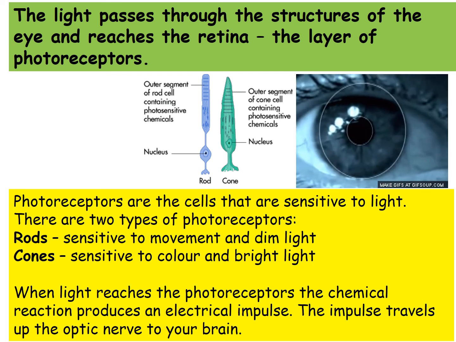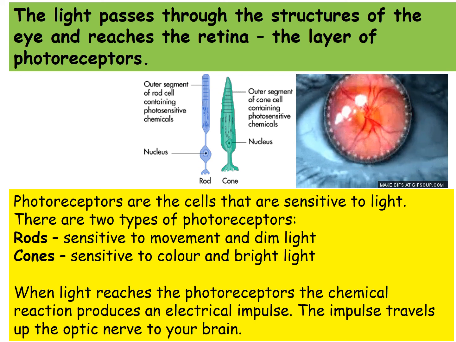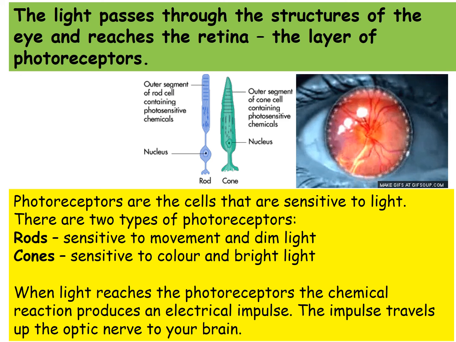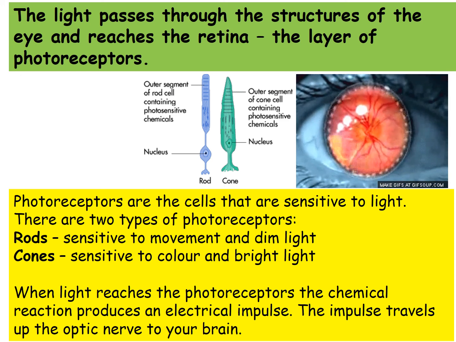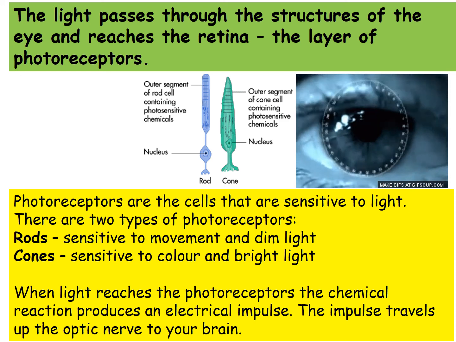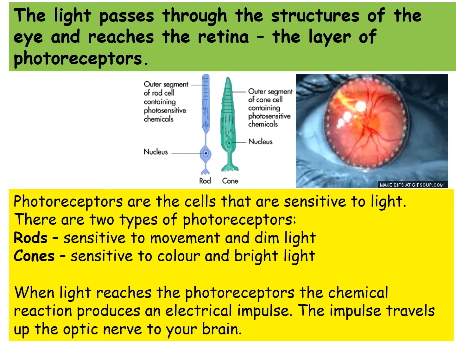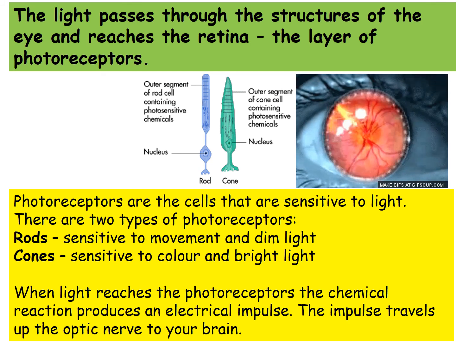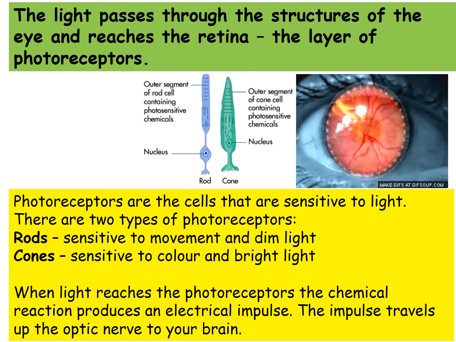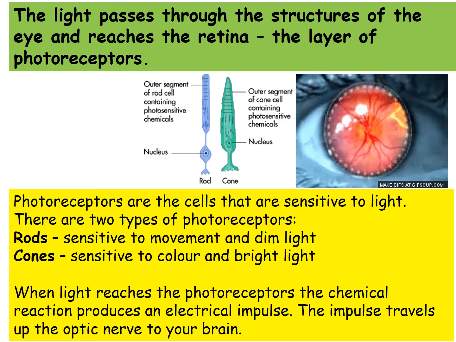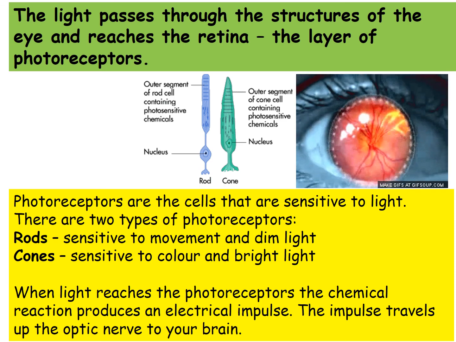So they're the things that receive the message and pass on the message of movement and also of dim light. And then cones are the photoreceptors that are sensitive to color and bright light. So when light reaches the photoreceptors, the chemical reaction produces that electrical impulse. And then that impulse travels to the brain to form the picture.